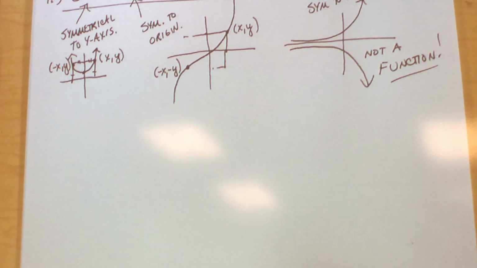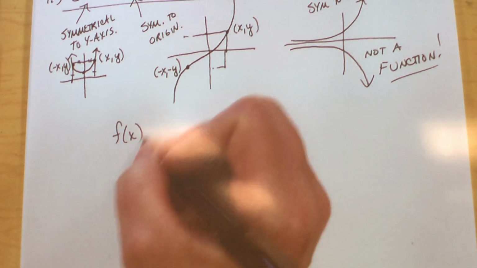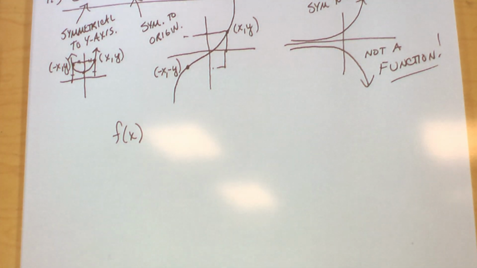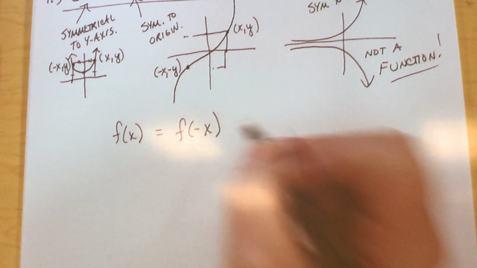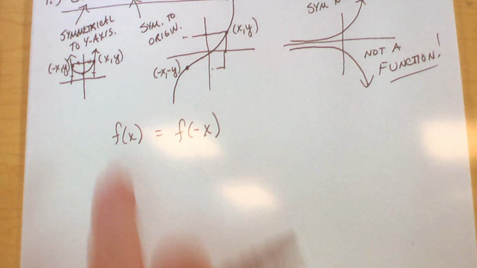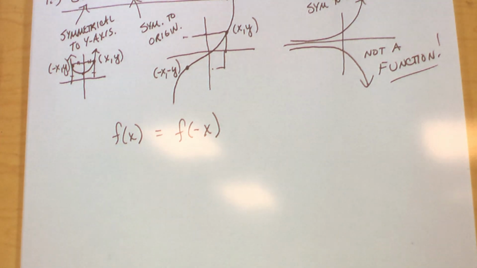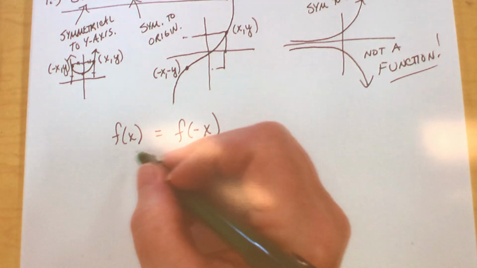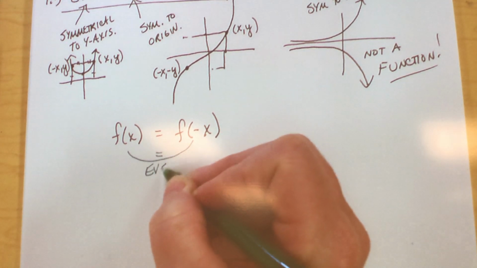Algebraically, how do you tell if a function is even or odd? Well, here it is. I'm going to give you a function. You are going to find f of negative x, which just means that every place there's an x, you're going to put negative x. If these two things right here are equal, then it is even.